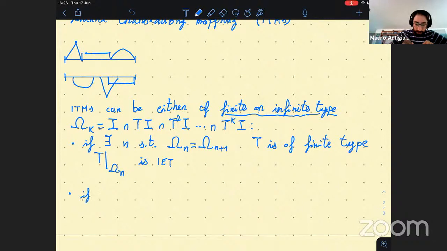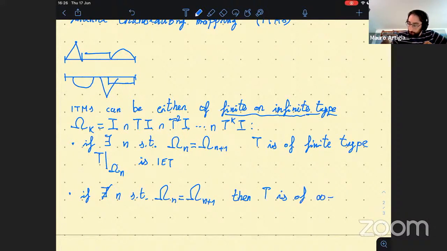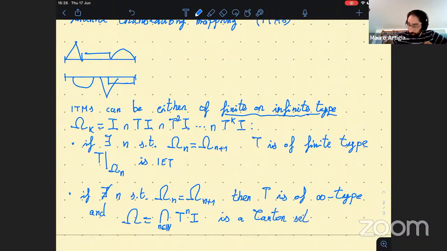So if there does not exist an n such that omega n is equal to omega n plus 1, then T is of infinite type. And if I take the intersection over all n of the images of my interval, it is a Cantor set.